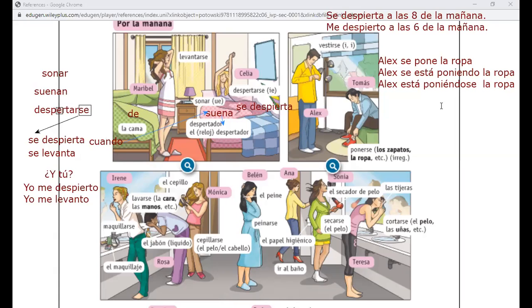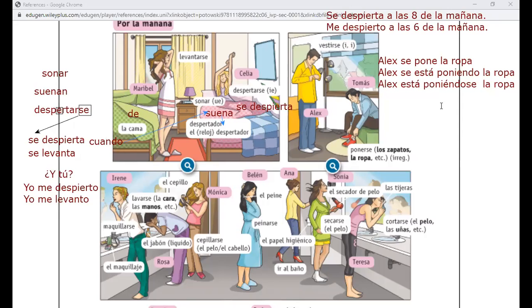That's what you put on your feet. Tomás se pone los zapatos. Muy bien. So that is a simple present. In English we say who's wearing, right? But really, in Spanish, we cannot say that he is doing it now unless we use the other form.